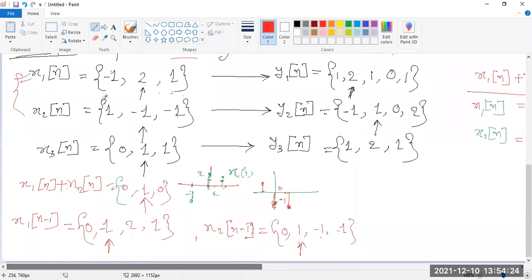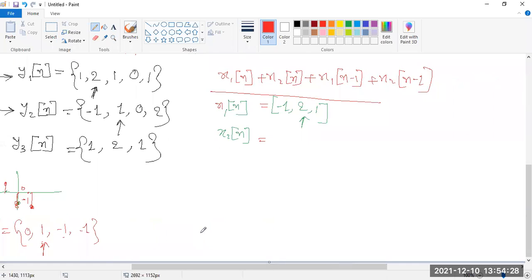You can see that is 1, -1, -1. Origin is here. You have to maintain the origin.